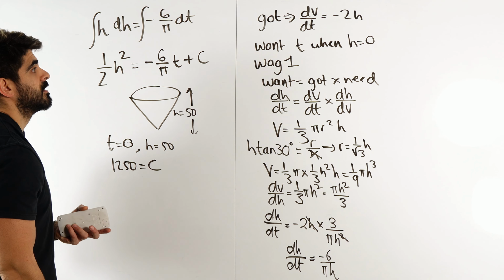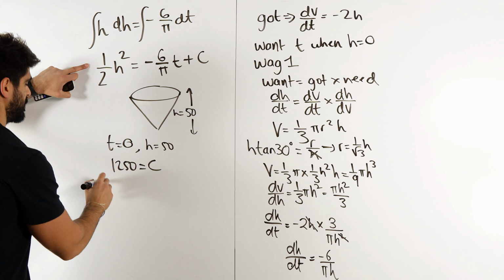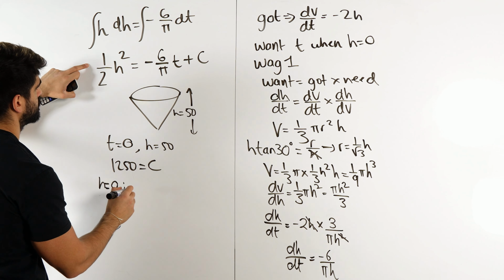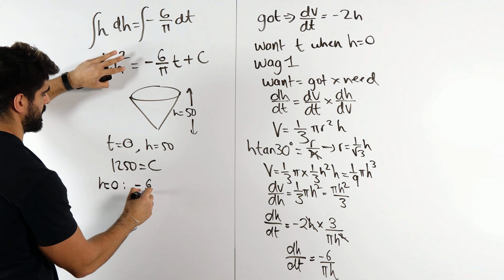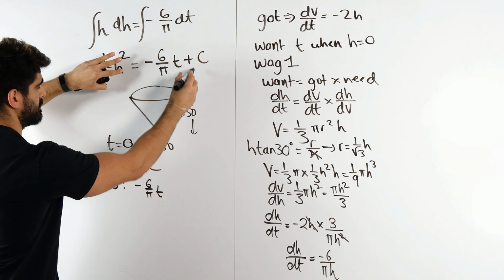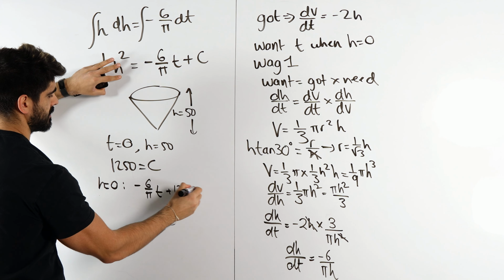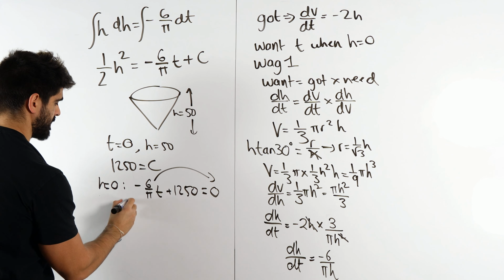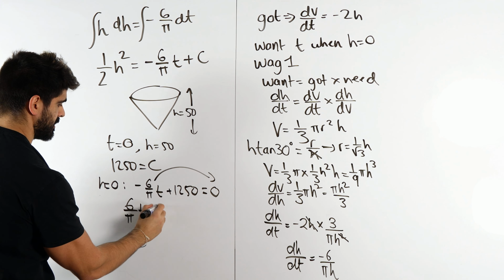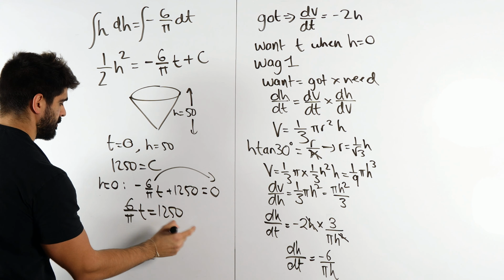All right. Find the value of t when h is 0. So when h is 0, that just goes. We get minus 6 over pi t plus that 1,250 is 0. So you move that over, and we get 6 over pi t is 1,250. And then we just divide.